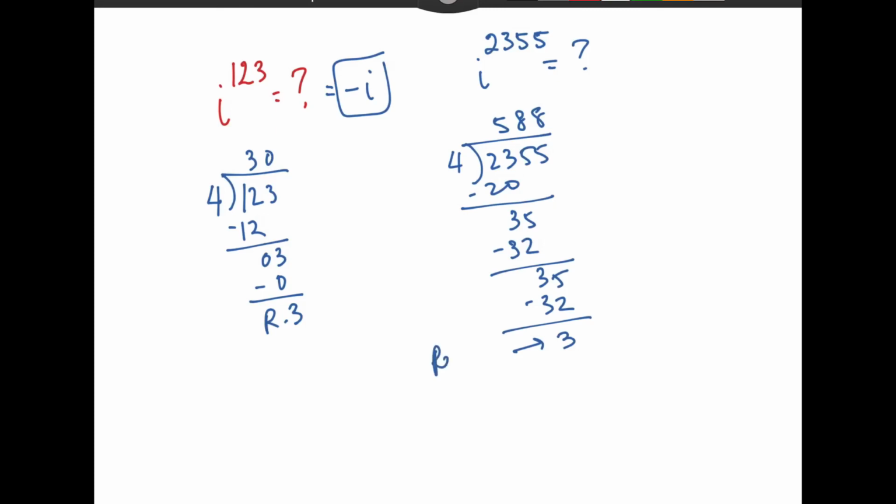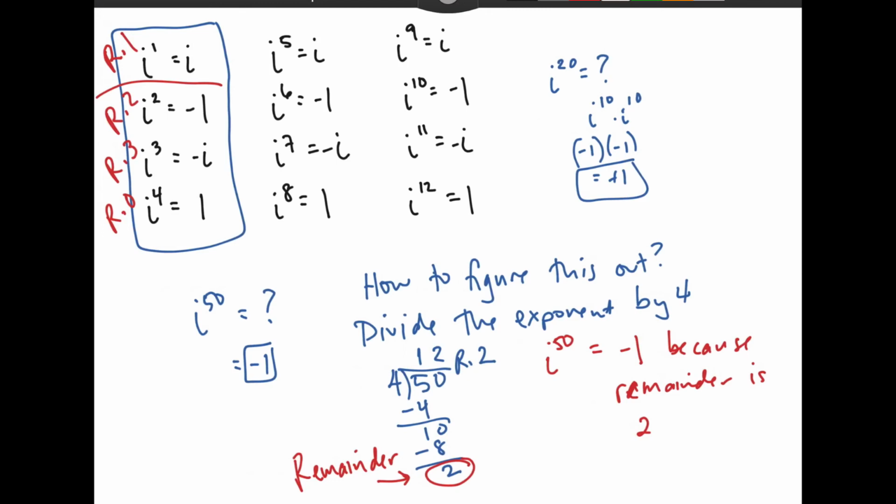Again, this is your remainder. So that means this is going to equal negative i. So again, use these properties here to help you figure out, and that is the lesson for today.